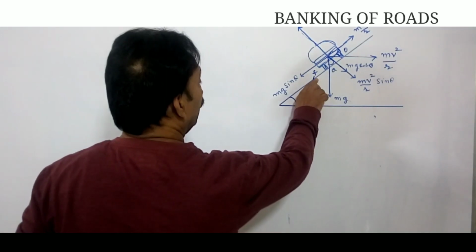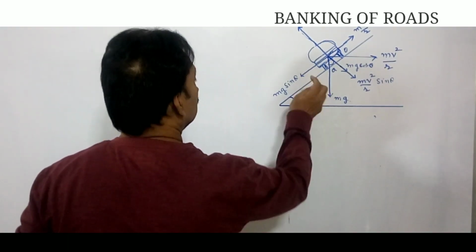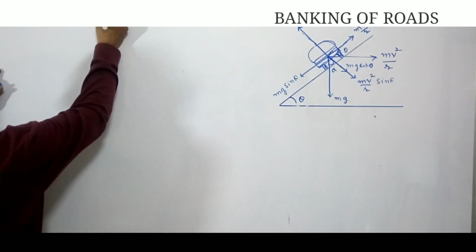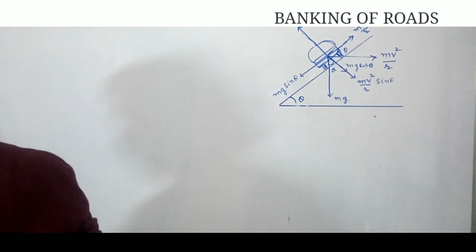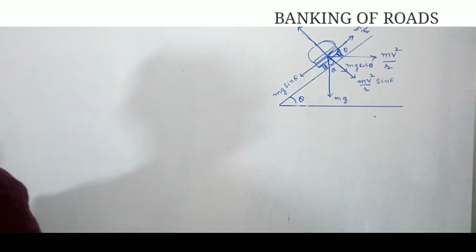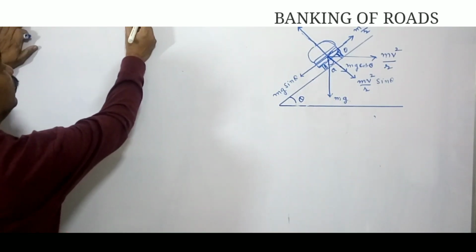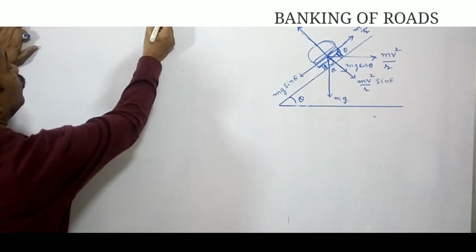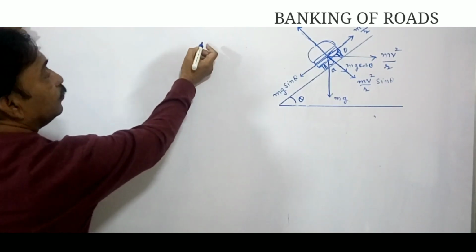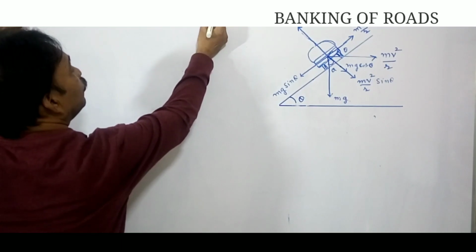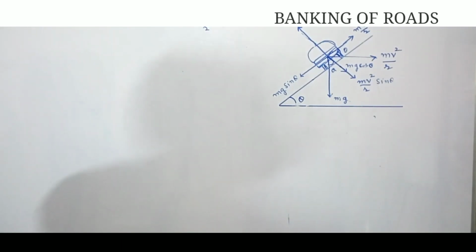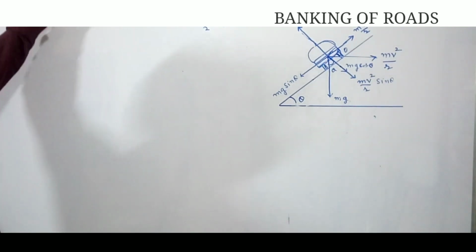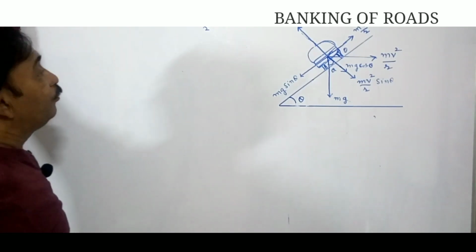Now we are going with one more case. Case 2: mg sin theta is greater than mv square by r cos theta.